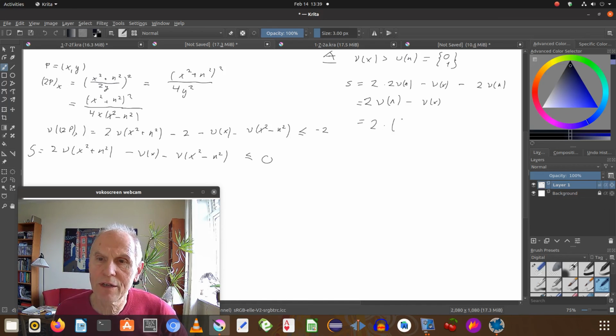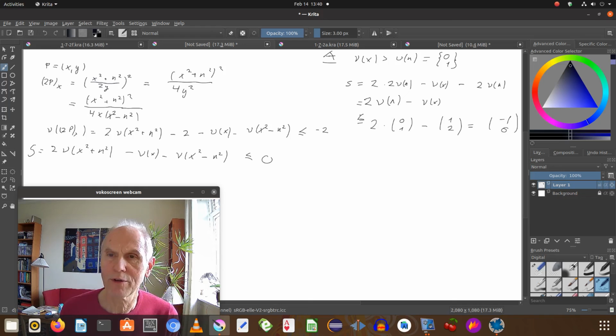And v of n is either naught or unity, so v of x is at least one larger than that. So we get minus 1 and naught. In this case, depending on whether n is odd or even, it's equal to naught or minus 1. That was case A.